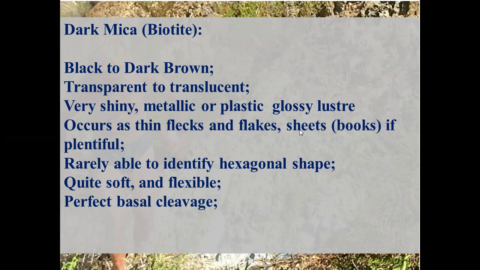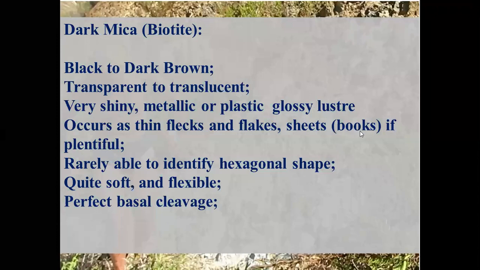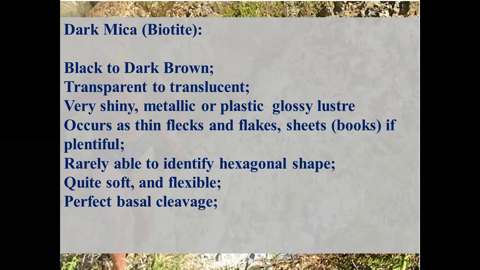But if we get thicker quantities of these sheet crystals, they will look like they have this book form when you're looking at the individual cleavage sheets of the mica. It should have a hexagonal shape, but very rarely do you see the hexagonal shape.